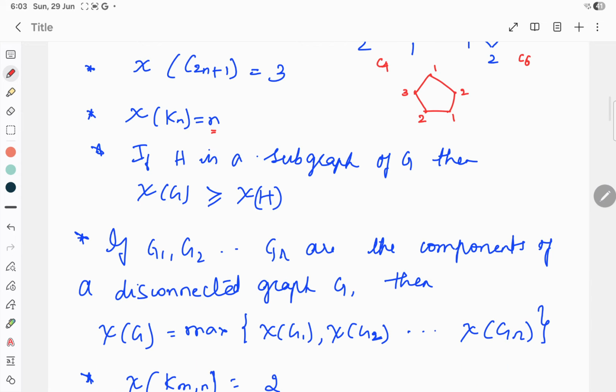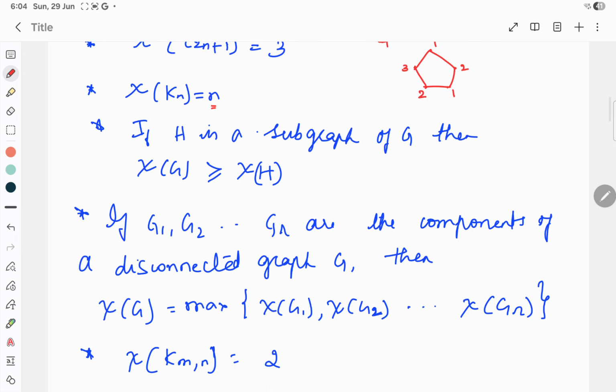If G1, G2, etc. Gr are the components of a disconnected graph G, then you just find the chromatic numbers of each component, and whichever is maximum, that is the chromatic number of the entire graph. So chi of G is the maximum of chi of G1, chi of G2, etc., chi of Gr.